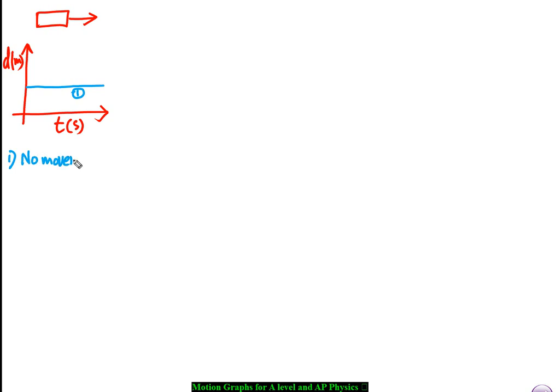We can also say that the body is stationary. All of them have the same meaning. The horizontal line means the body is not moving, same distance but time is passing.